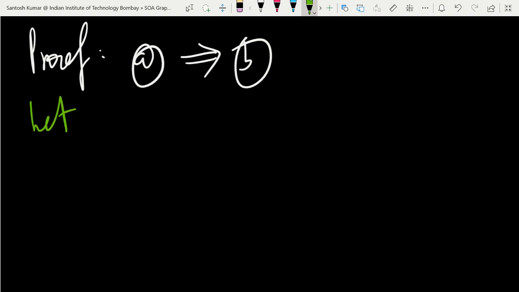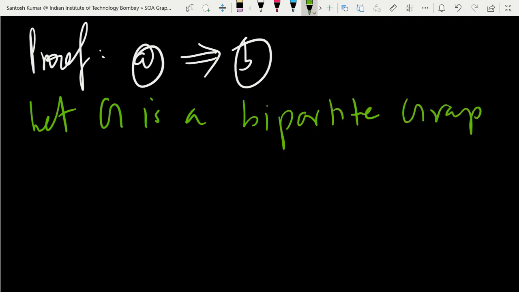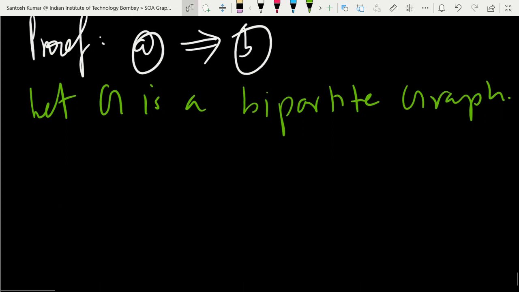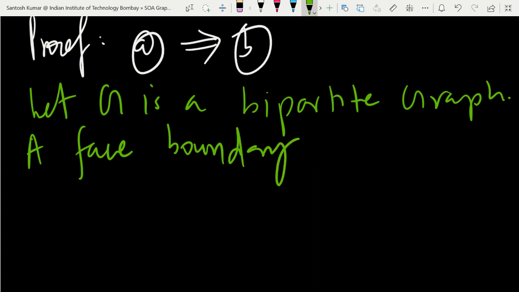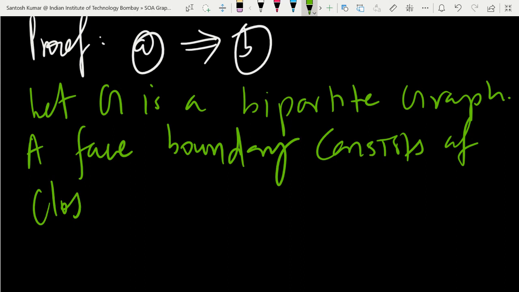So let's start. Let G be a bipartite graph. A face boundary consists of closed walks.